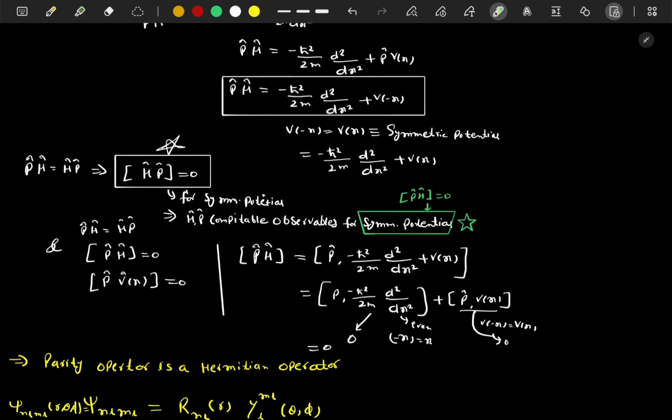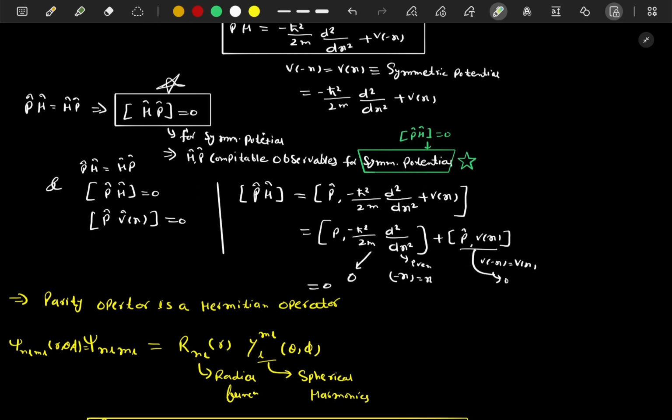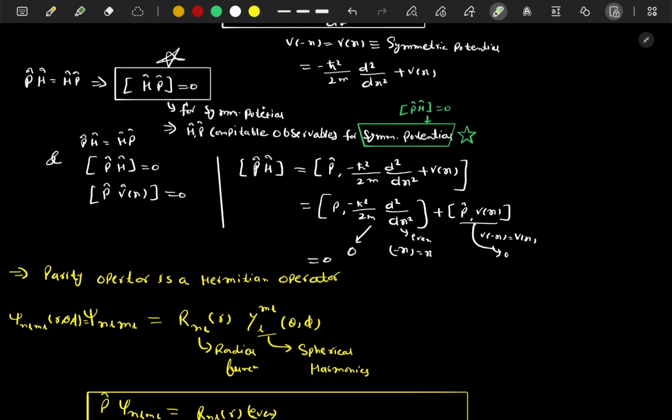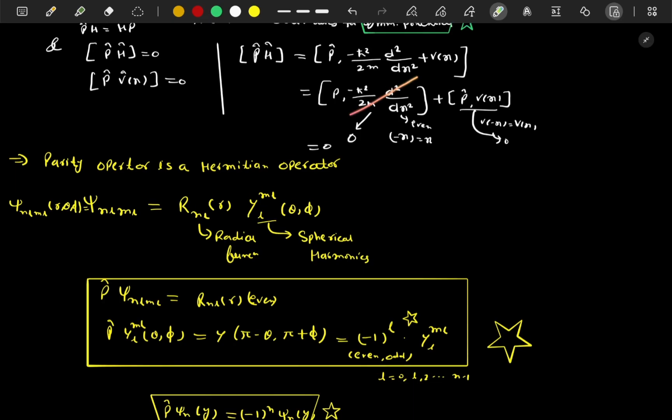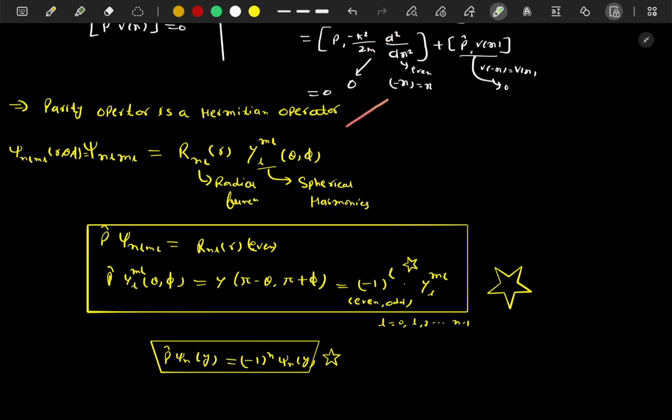The Hamiltonian and parity operators commute with each other for a symmetric potential. Always remember, for what? Symmetric potential. Because they commute for a symmetric potential, H cap and P cap are compatible observables, meaning their values can be determined simultaneously with infinite precision. Okay, now you will slowly understand what we have been discussing from the start. This is the proof of what I have said. Now the parity operator is a Hermitian operator. Remember this.